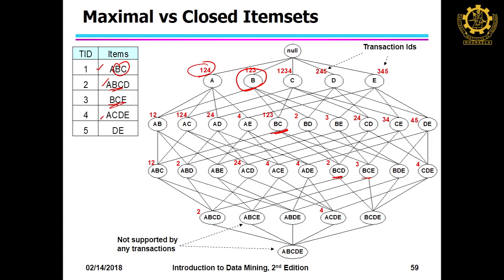Only one transaction, that is 2, and BC is only transaction 3. So, BC can be a closed item set. Are you getting? You see corresponding supersets BCD and BCE, and any other superset it has? No. So, BC can be the closed item set.